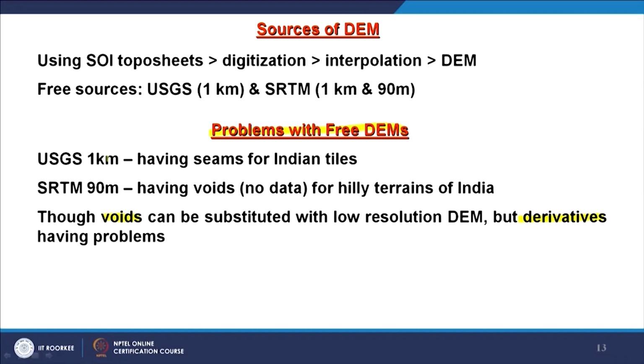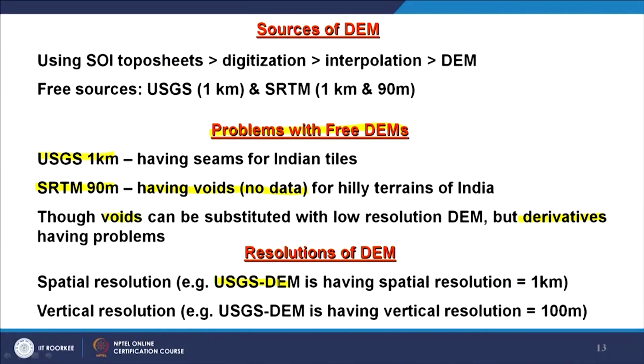That is why this discussion is here: this SRTM 90 meter is higher resolution, but it had voids. Now the voids have been filled, but they have been filled by 1 kilometer resolution, and therefore when I use such a void-filled 90 meter SRTM DEM and derive some parameters or derivatives, then I may have some problems.